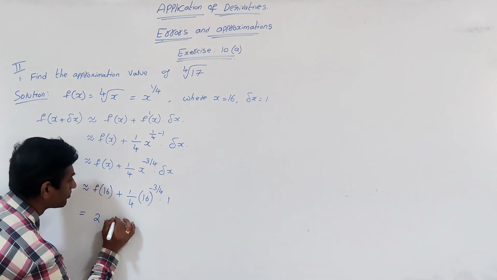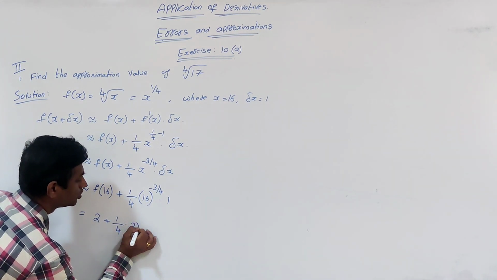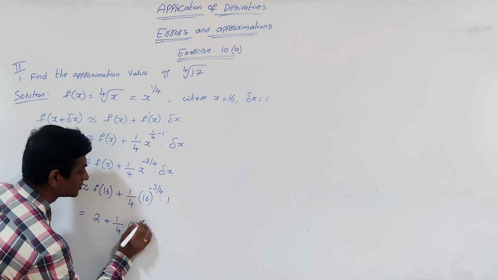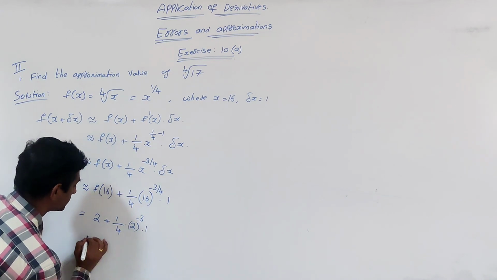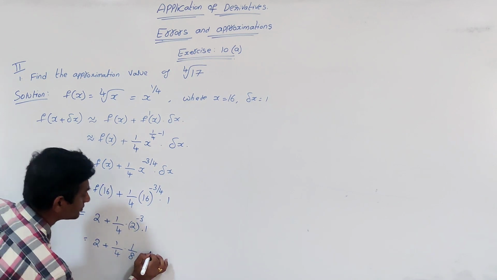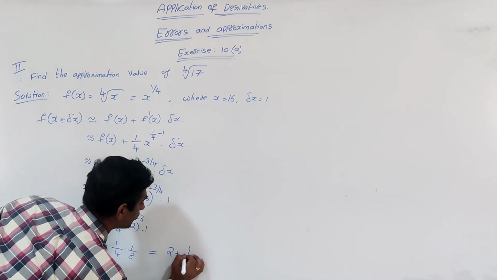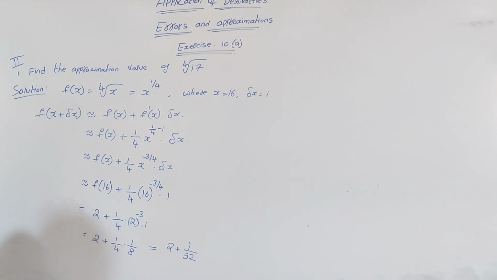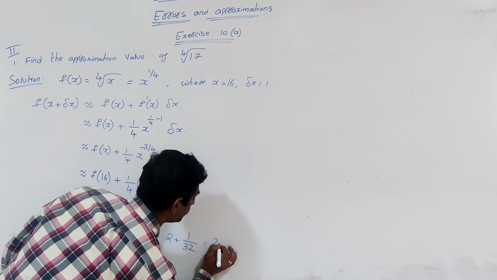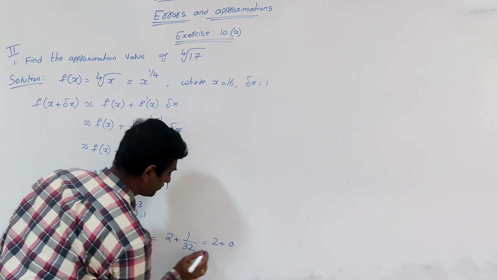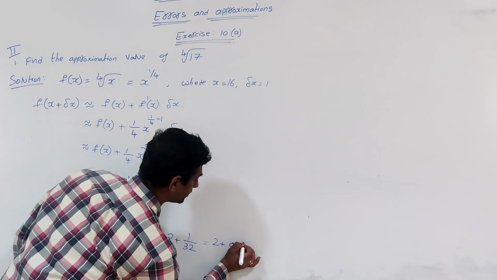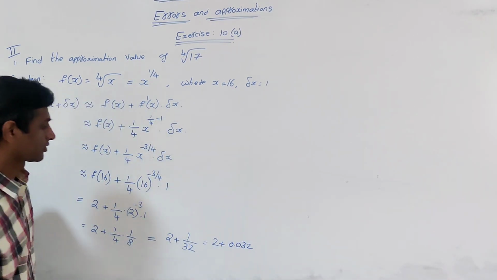So 2 plus 1 by 4 into 2 to the power of 4 means the 4 gets cancelled, minus 3, into 1. 2 plus 1 by 4 into 1 by 8, which is 2 plus 1 by 32. 1 by 32 gives 0.032 approximately.